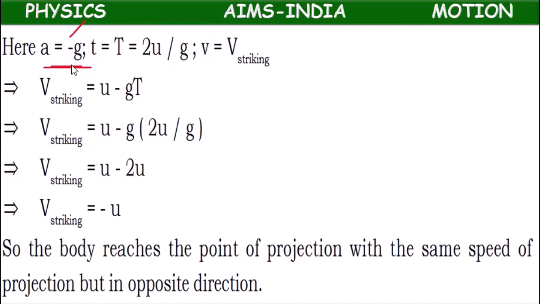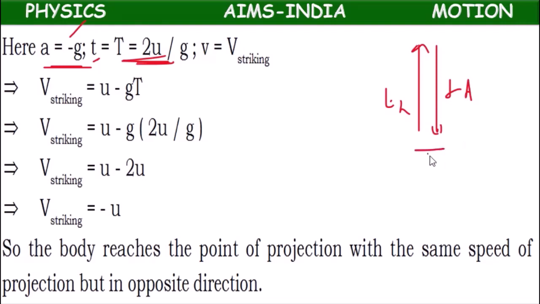In the place of time, because after the time of flight, time of ascent plus time of descent, it is reaching the point of projection, we will take the time of flight, 2u by g.